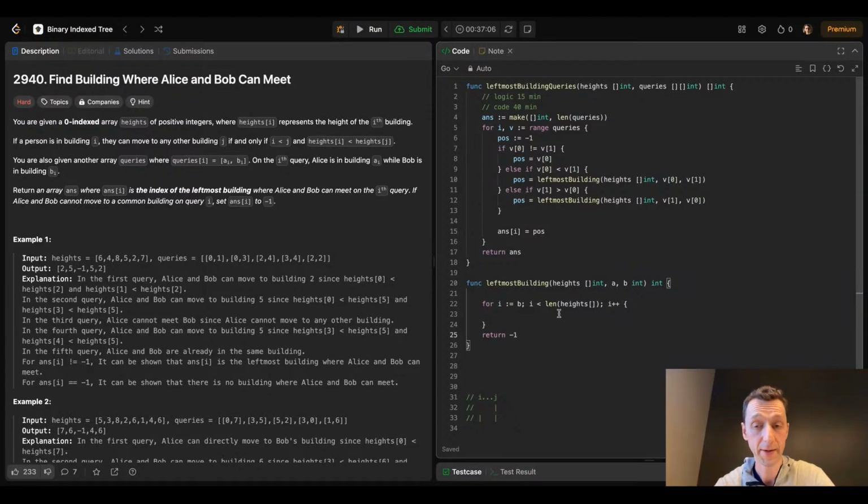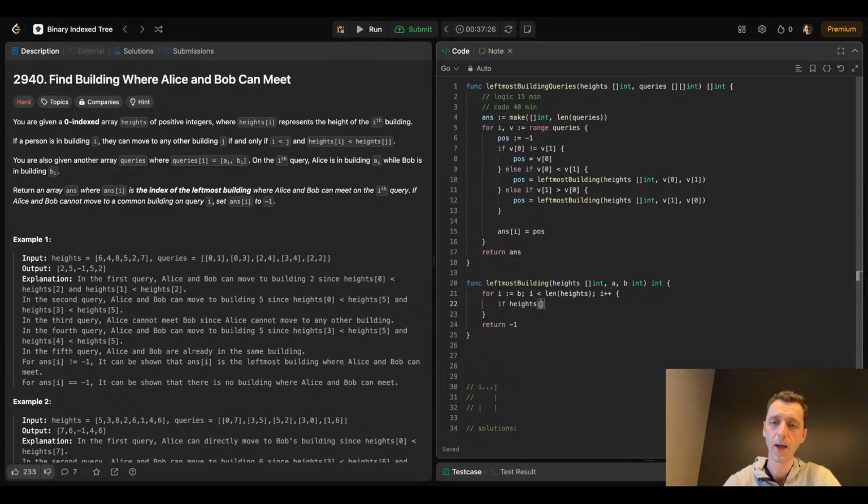If we never find anything, we return -1. If we do find, we'll return that position. So now we look at this position: heights I, that's some building, and we know it's a building.